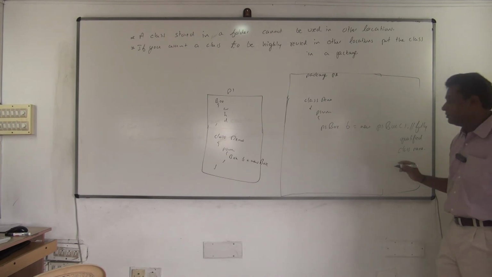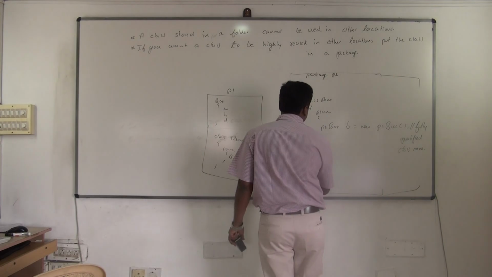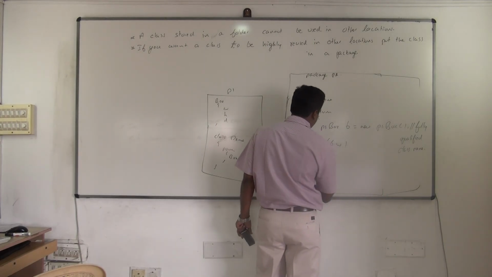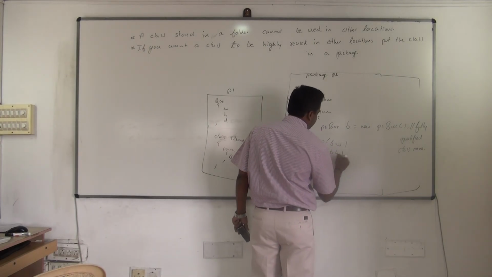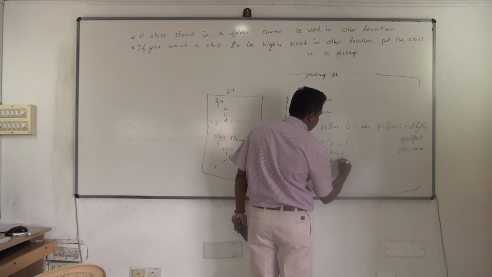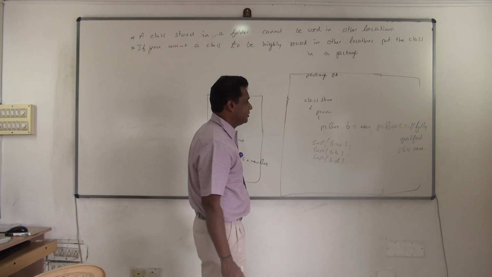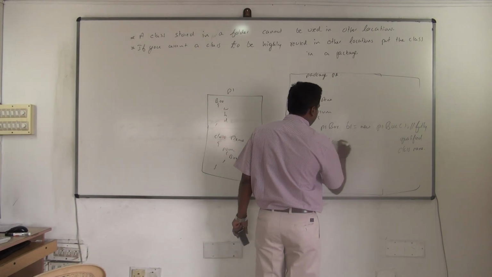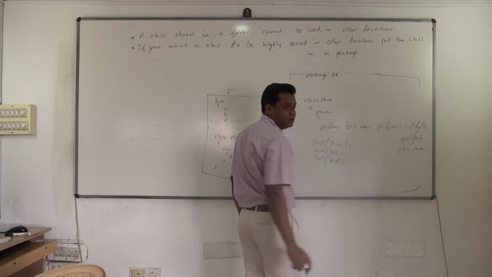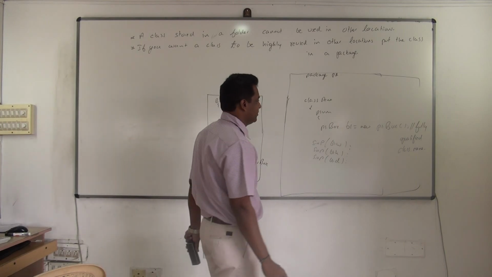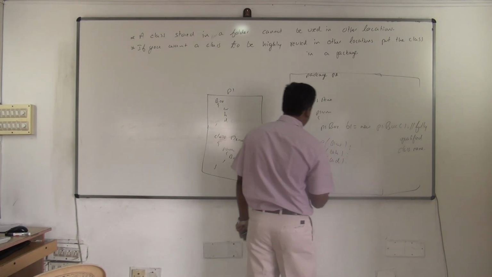After that I can work with SOP B.W, B.H, B.D. This whole story will continue. Understood? Or let me name this as B1. I have created an object. So this is called a fully qualified class name.